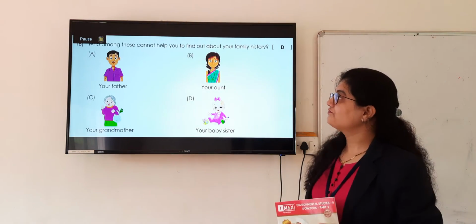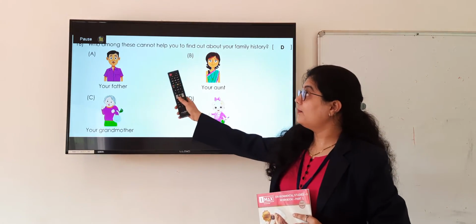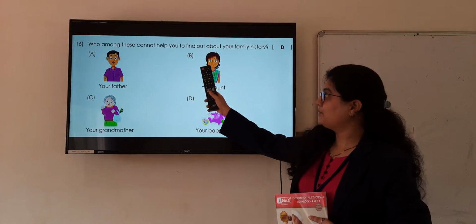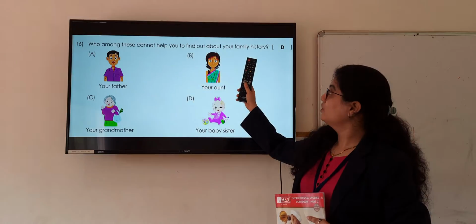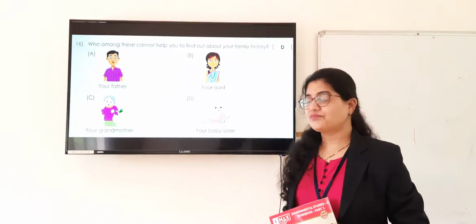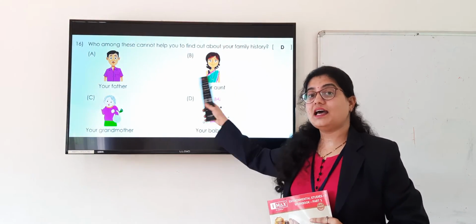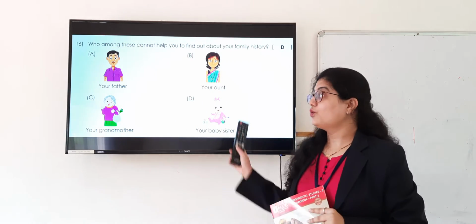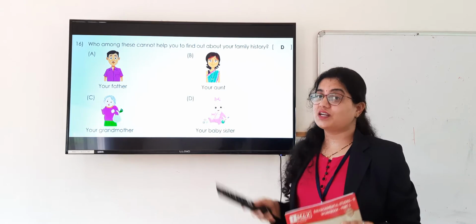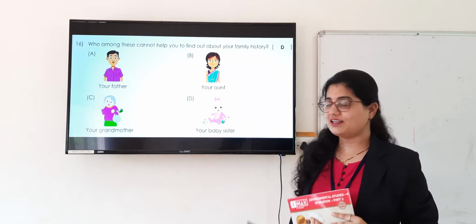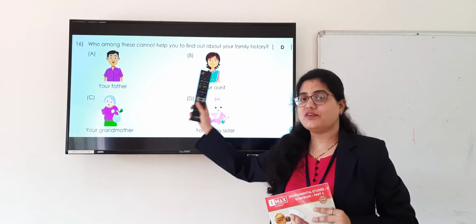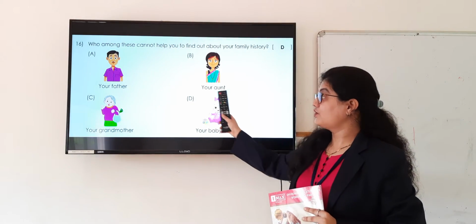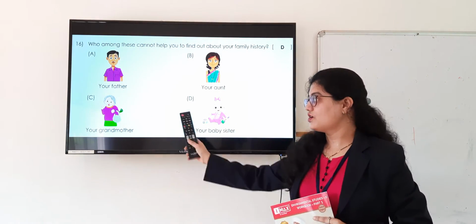Okay. Now let us move toward the next question. That is, who among these cannot help you to find out about your family history? Here some persons are given. Alright, some people are given. And you have to write who cannot help you to study history. Alright, so first one is your father. Second one is your aunt. Third one is your grandmother.